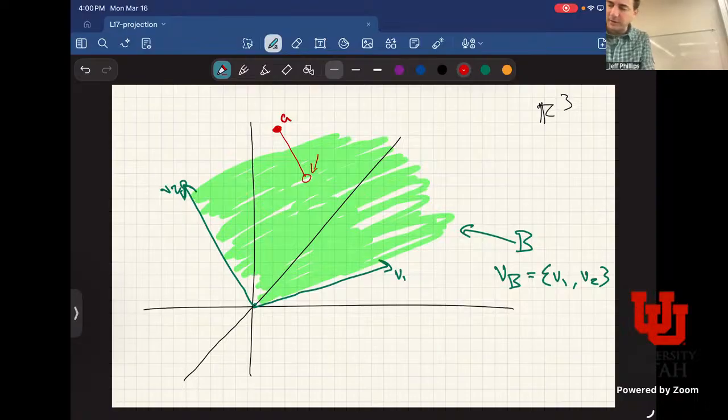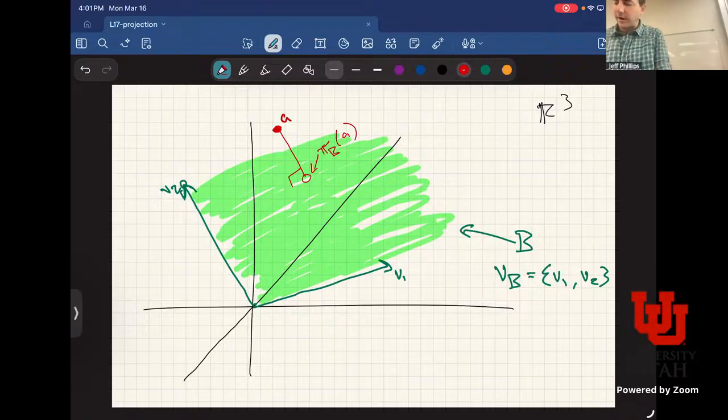This point here, we'll call this the projection of A onto the space B. Okay, so that red circle point now lives in this green plane that's in three-dimensional space. Okay, and I promise you that this is a right angle projection onto here. Okay, so you should be kind of visualizing that.